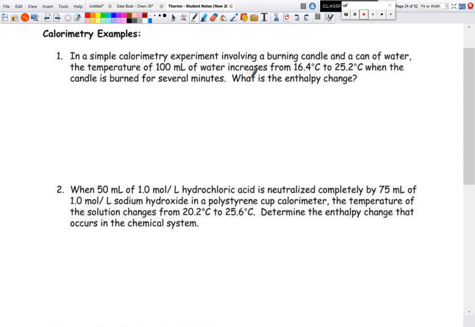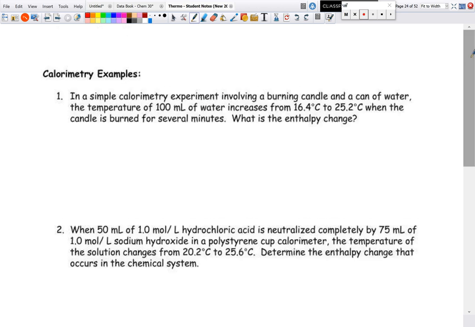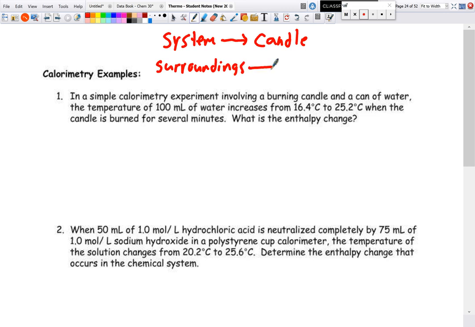So one thing that I always like to do for these types of reactions is first identify system and surroundings. So in this case, system is always my reaction. So that means my system is the candle. My surroundings is what had a temperature change.